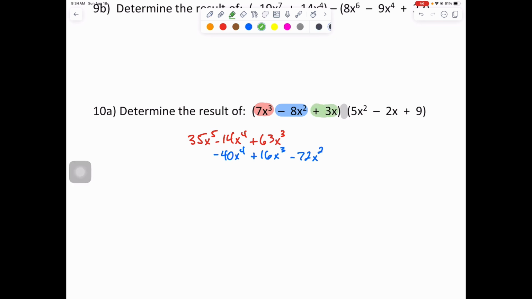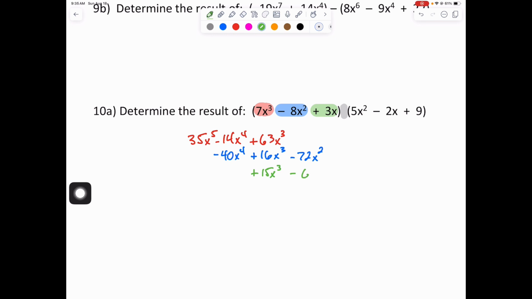Beautiful. Then we will work through our 3x. We have 3 times 5, giving us 15. And again, that'll be x to the cubed, or 3rd power, so we can continue to align that here. So plus 15x cubed in green. Then we have 3x times negative 2x, giving us negative 6x squared.